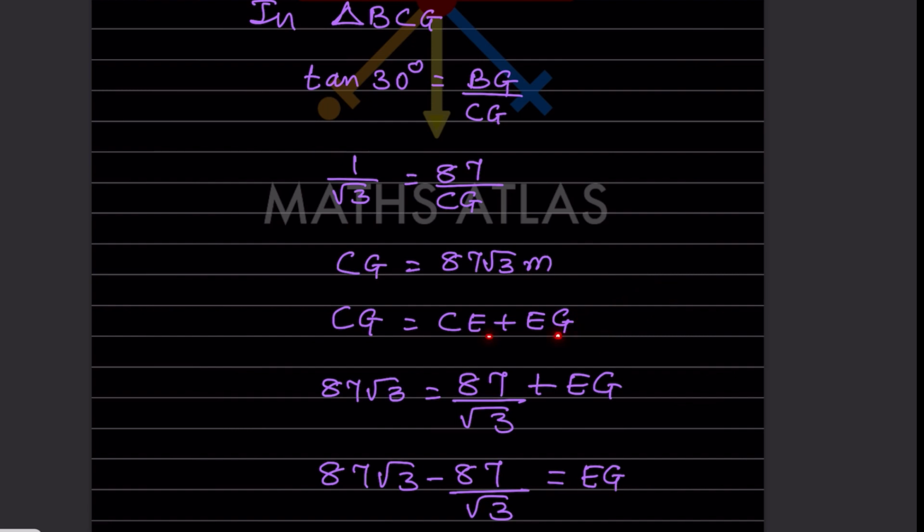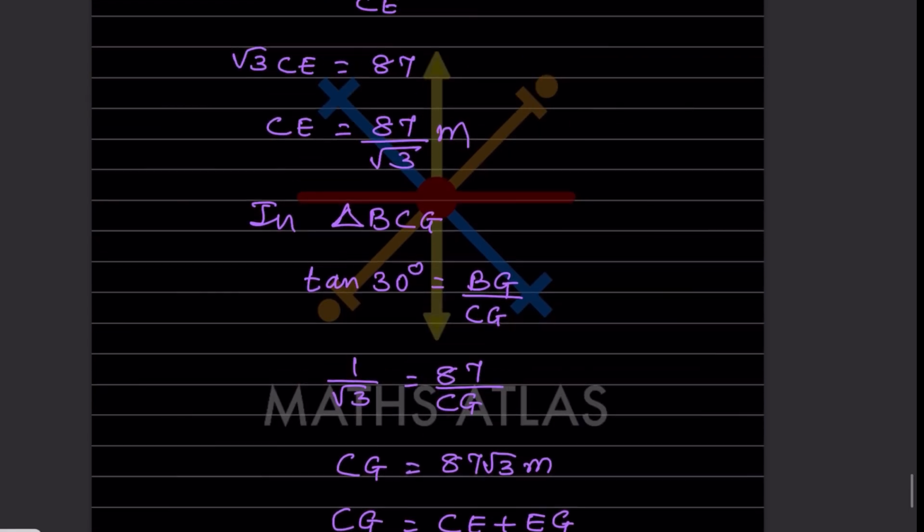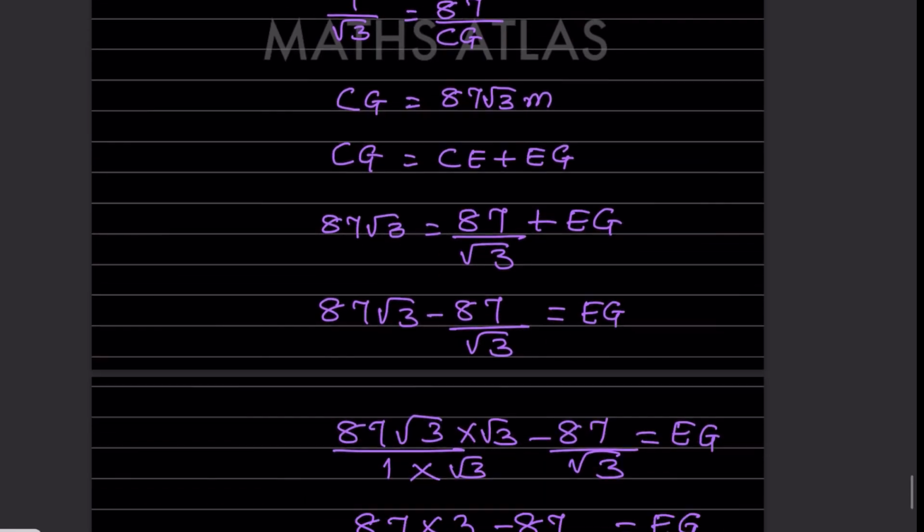CG is CE plus EG. Now we know this CG is 87 root 3, and CE, we got over here, that is 87 divided by root 3, and EG we don't know. When we take this on the other side, it gets subtracted, and that will be EG.